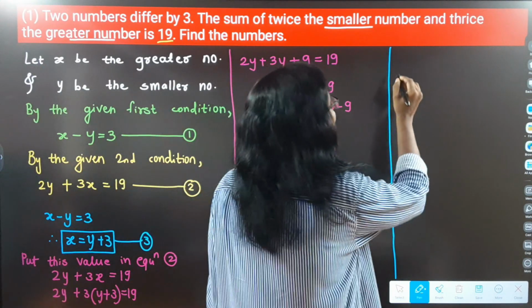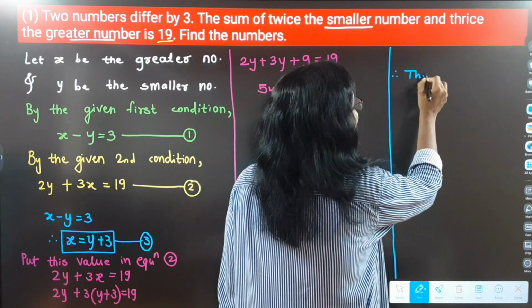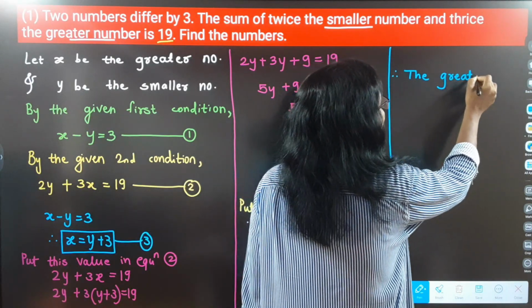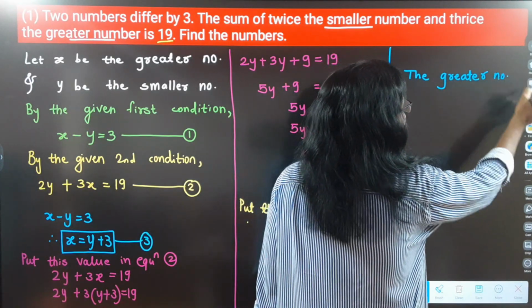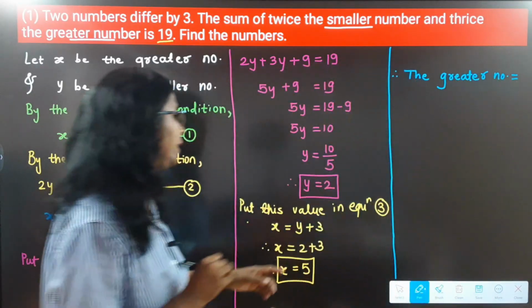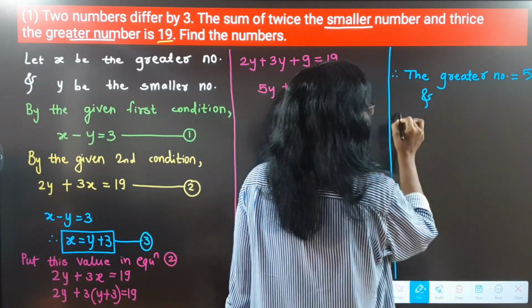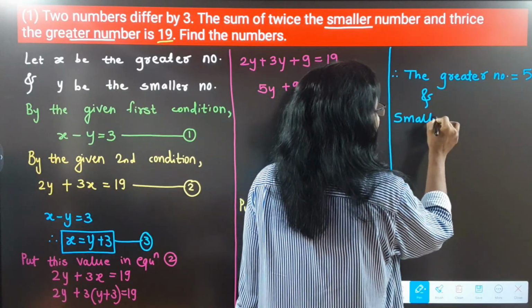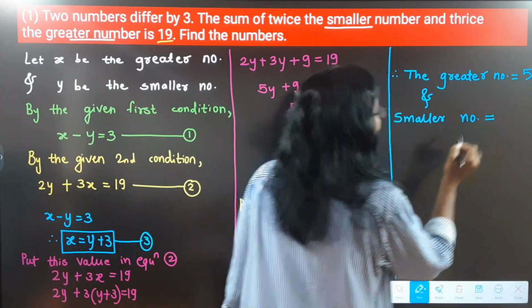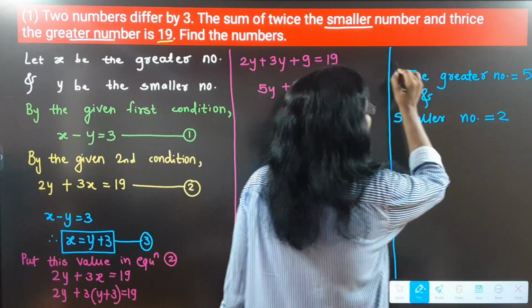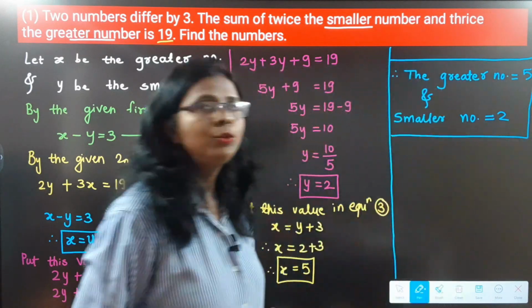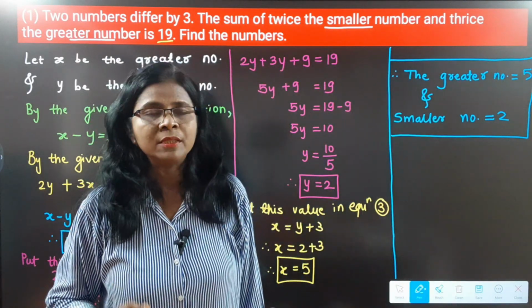So finally we say that the greater number is equal to 5 and the smaller number is equal to 2. So 2 and 5 are the two numbers.